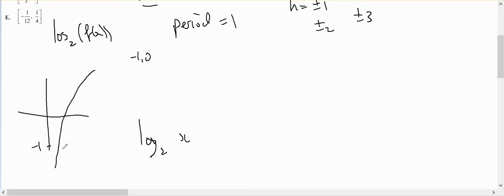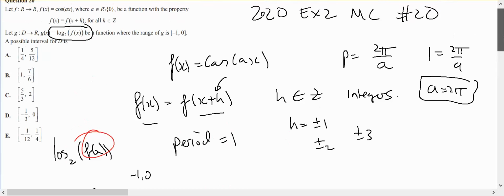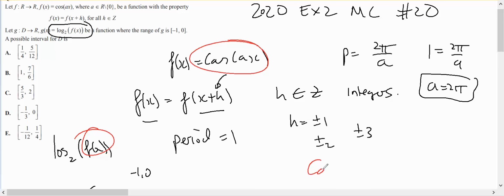And if I'm going from -1 through to 0, then this is the only bit of the graph that I'm considering. Which means that the inside values have to go from 1/2 to 1. And the things on the inside are f of x, so this cos of ax has to go from 1/2 through to 1.